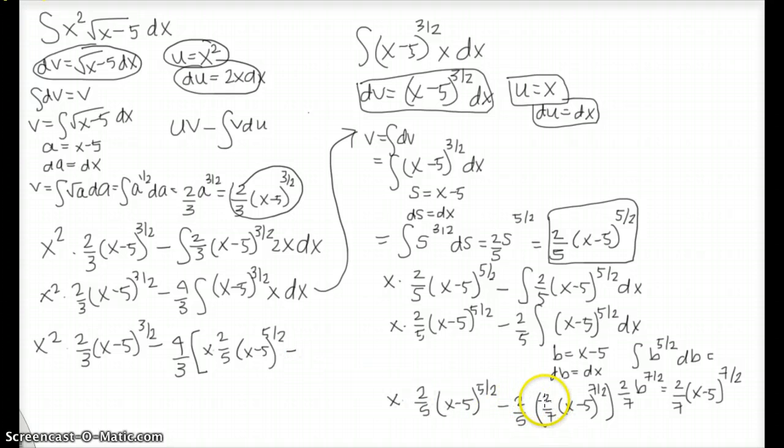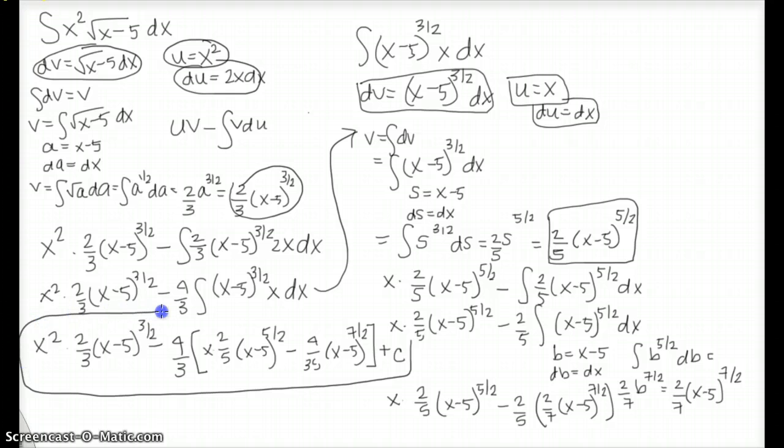So we multiply across the top, we get 4, across the bottom we get 35. So 4/35 times (x - 5)^(7/2). And we can go ahead and close these brackets, and plus c to have this whole thing be our final answer.